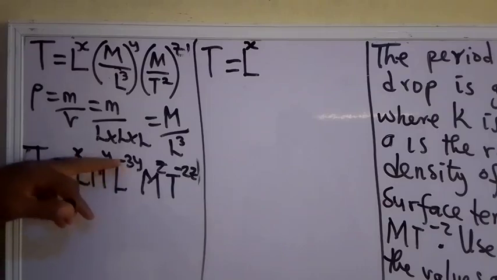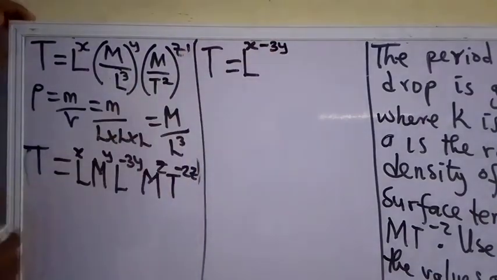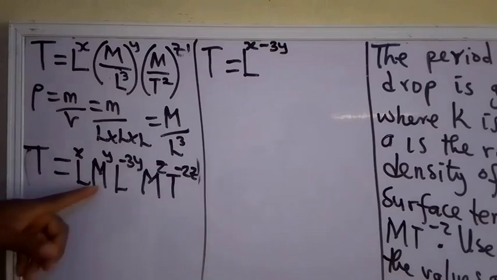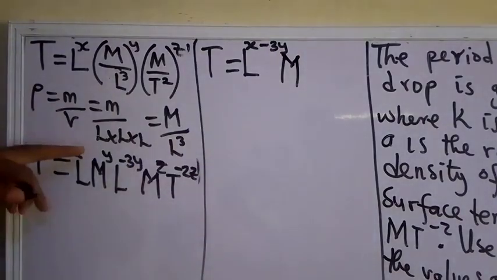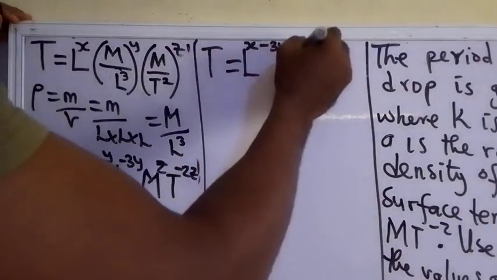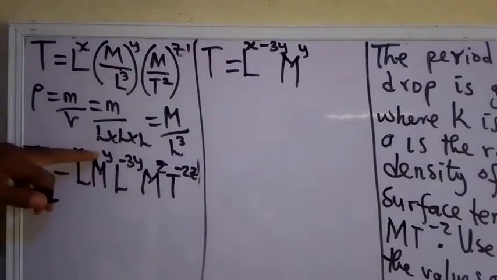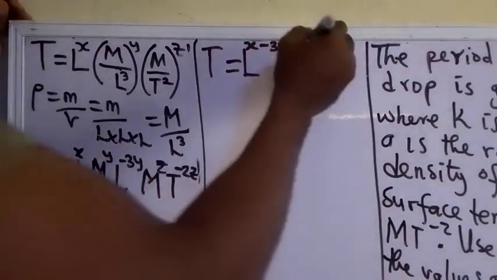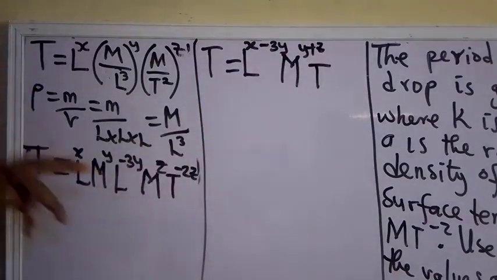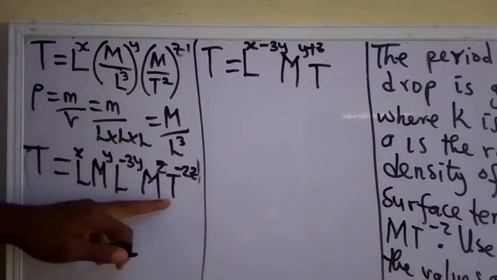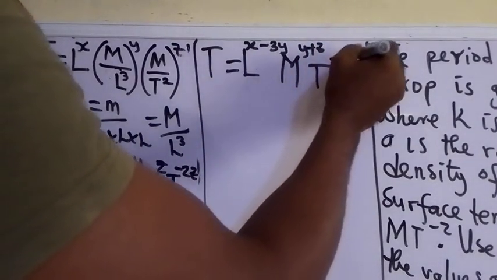That means plus minus 3y, so minus 3y. The next base is M. First power is y. Since the M's are multiplying, we add their powers, y plus z. And lastly, the T. And there's only one term of T, minus 2z.